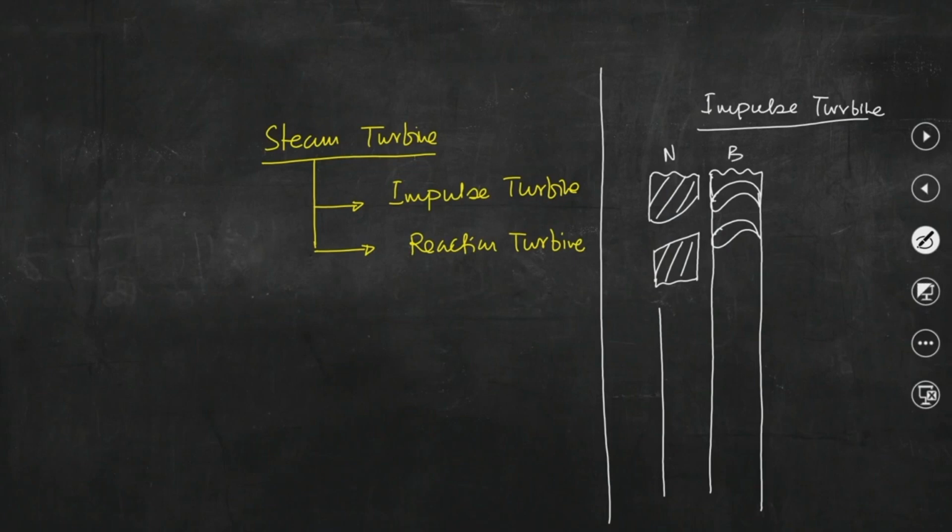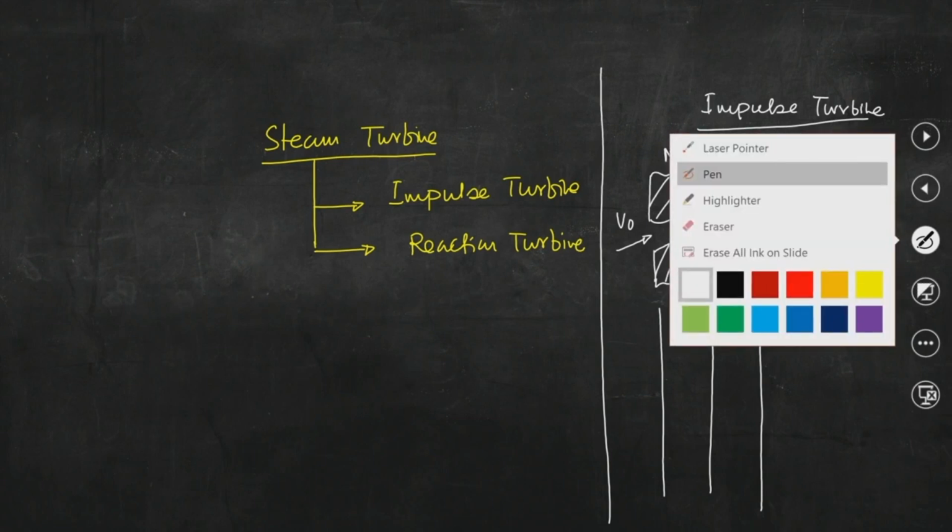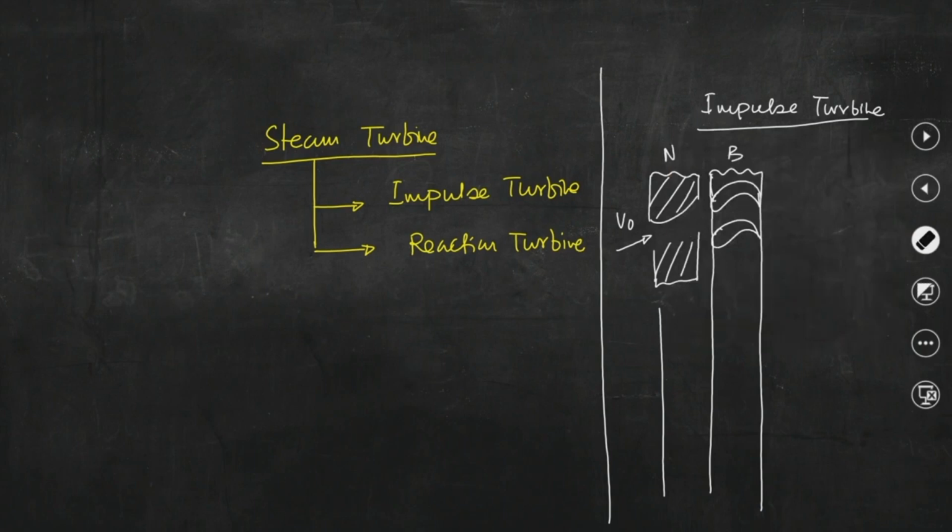Now, steam is entering with a velocity V naught, coming out from the steam generator or boiler.